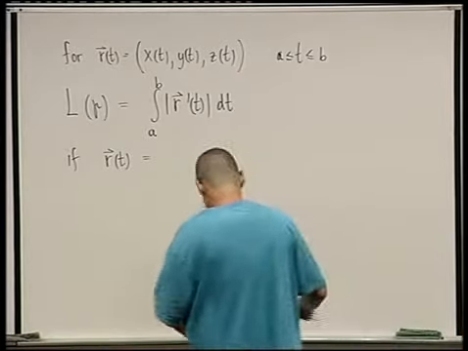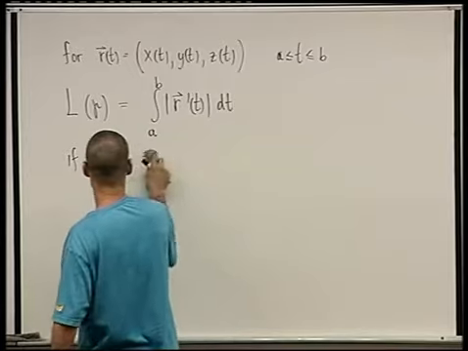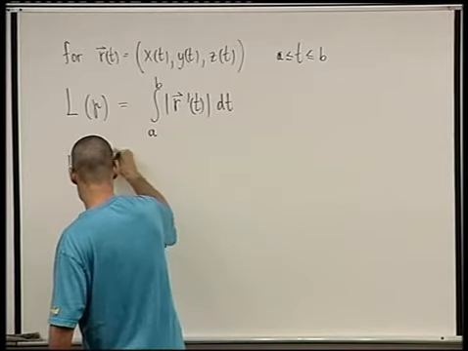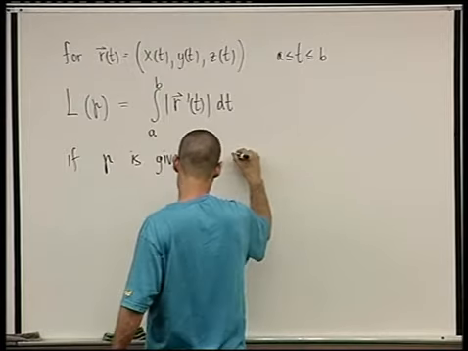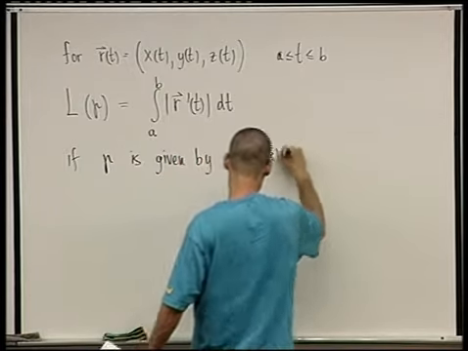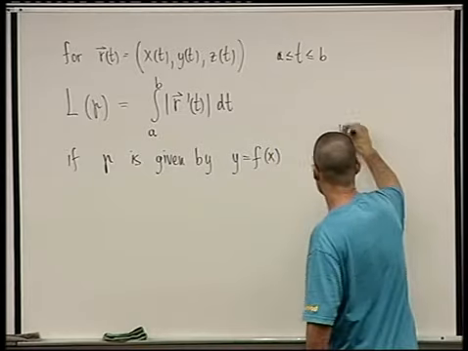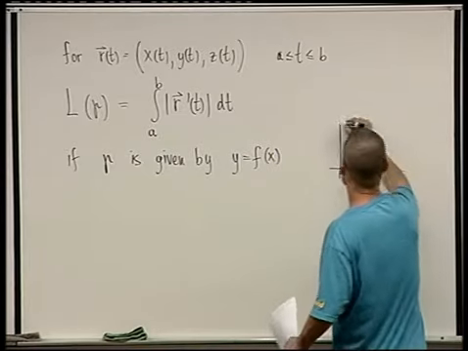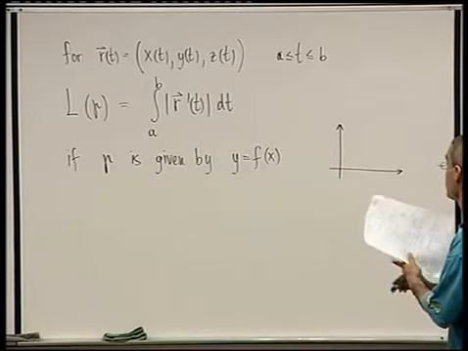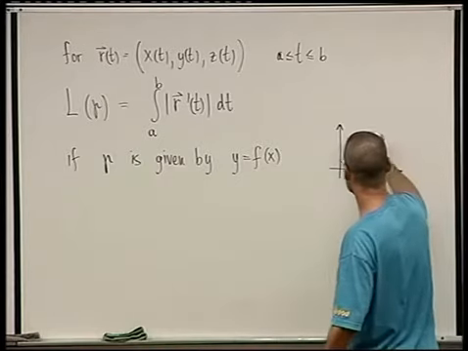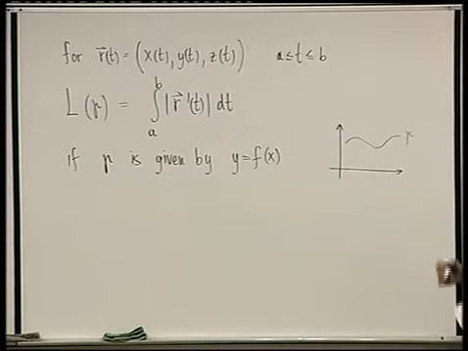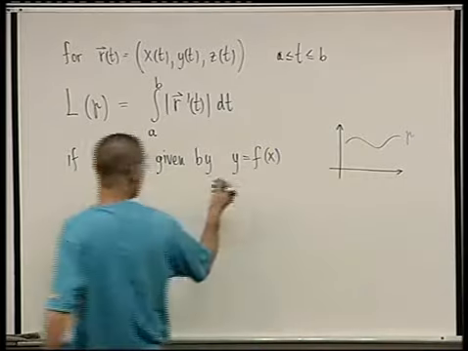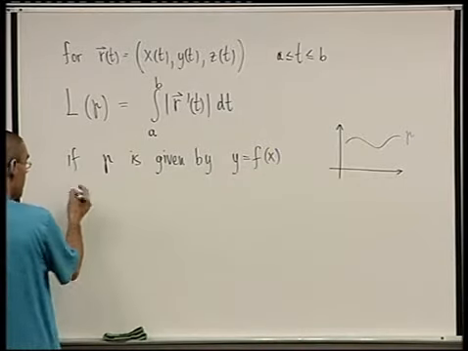So let's write, if gamma is given by y equals f of x, this just means that the curve we're looking at is not any general curve in three-dimensional space. It's the graph of a function in two-dimensional space. This is gamma, right? So this corresponds to a parameterization. We can say that the curve is parameterized.